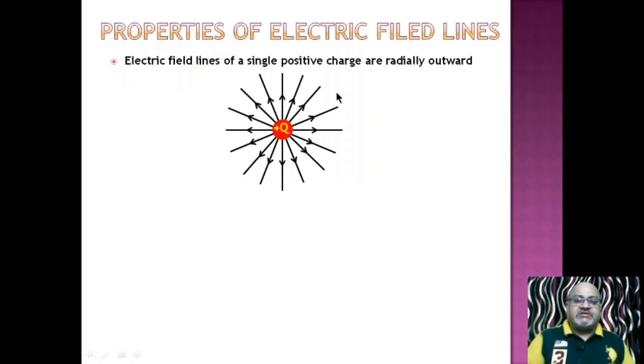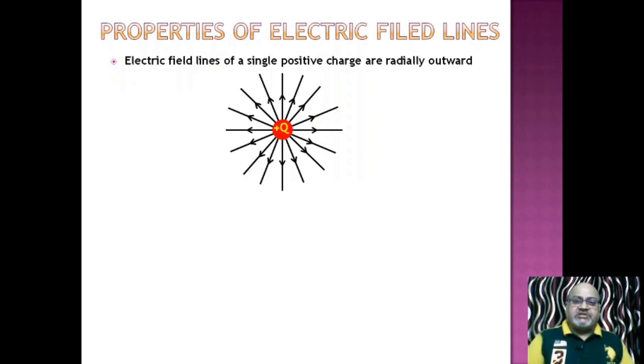Now imagine if I place a negative Q charge and I place a positive test charge somewhere within the electric field, it will move towards the negative charge.